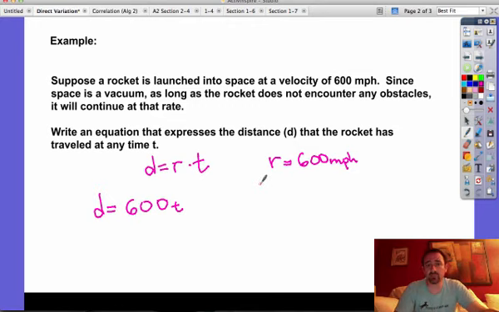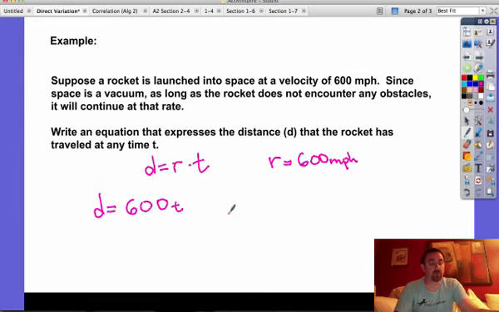That's all there is to it, really. Now, the only reason this is special is that we're introducing language. This is just a line with a y-intercept of 0. So now I can say that distance varies directly with time, and the constant of variation is 600. That's all we need to say.